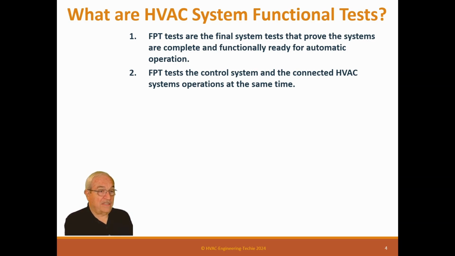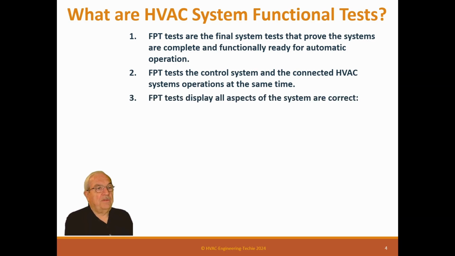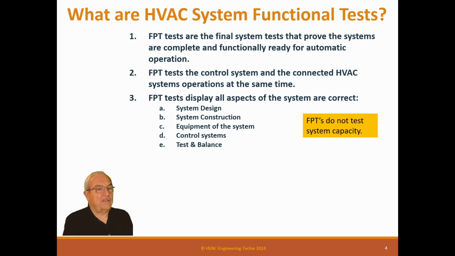It actually tests the design, the installation, the startup, all the systems in that whole thing. It tests the whole HVAC system together. The FPT tests display all aspects of the system are correct: the system design, system construction, equipment of the system, control systems, test and balance. But FPT tests do not test system capacity.